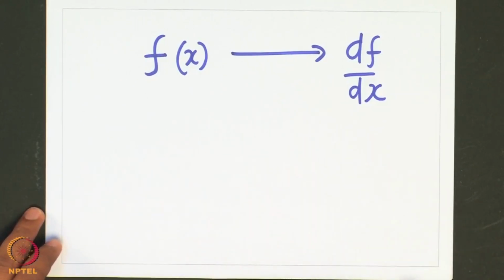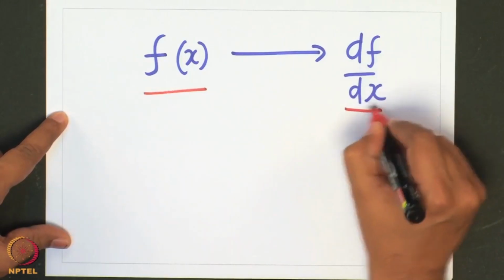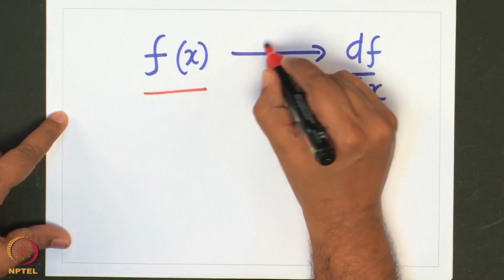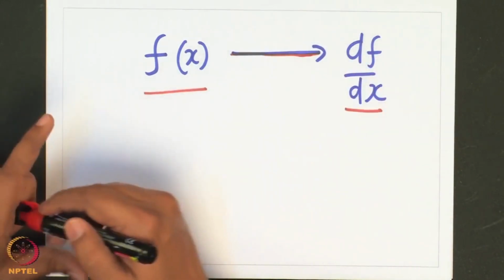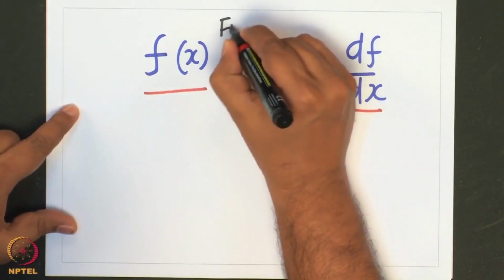So, this is the derivative. Now, we are asking the opposite question. We now know how to calculate this arrow. So, this is finding the derivative, right. This is something that we learned.